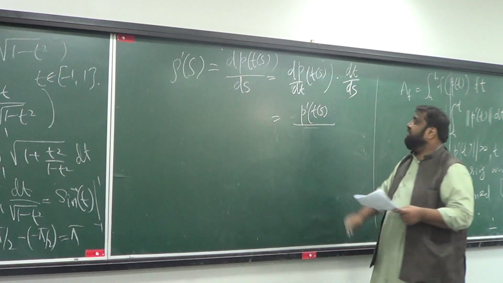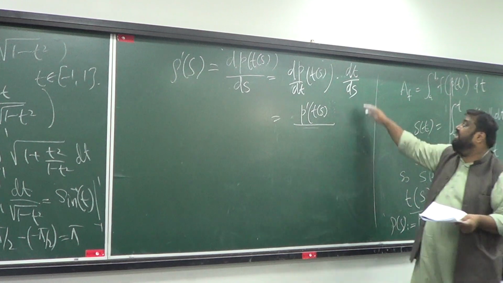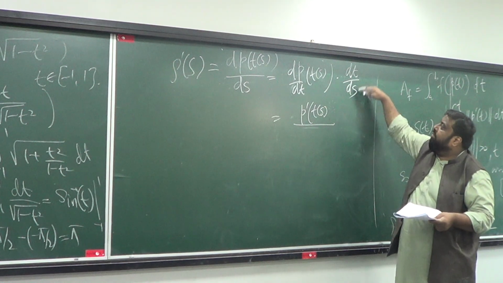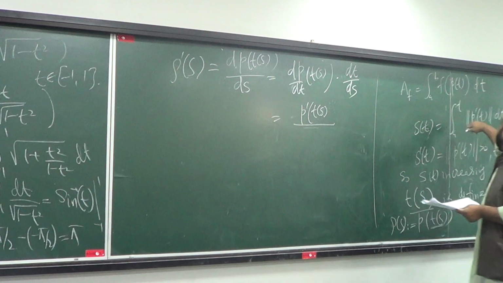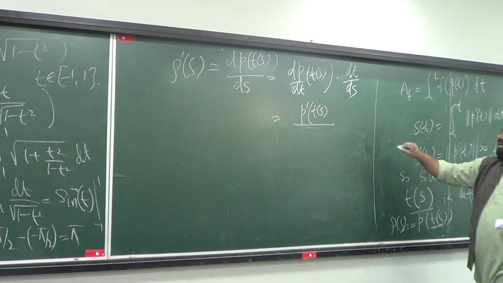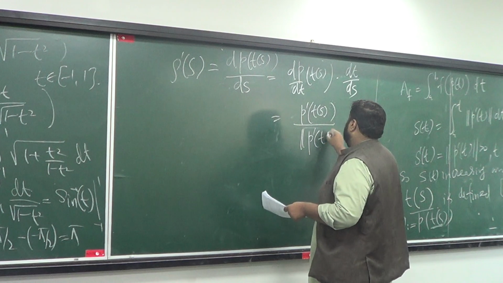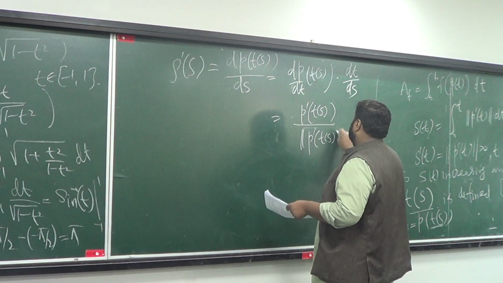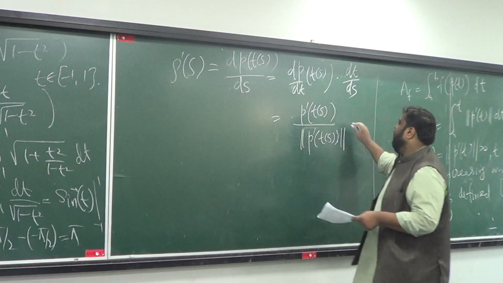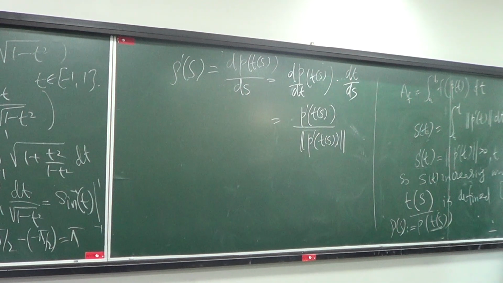And dt by ds I can see as the reciprocal of ds by dt. I know s of t, and s prime of t is basically the norm of p prime of t of s. So what would this value be? It's a unit vector.